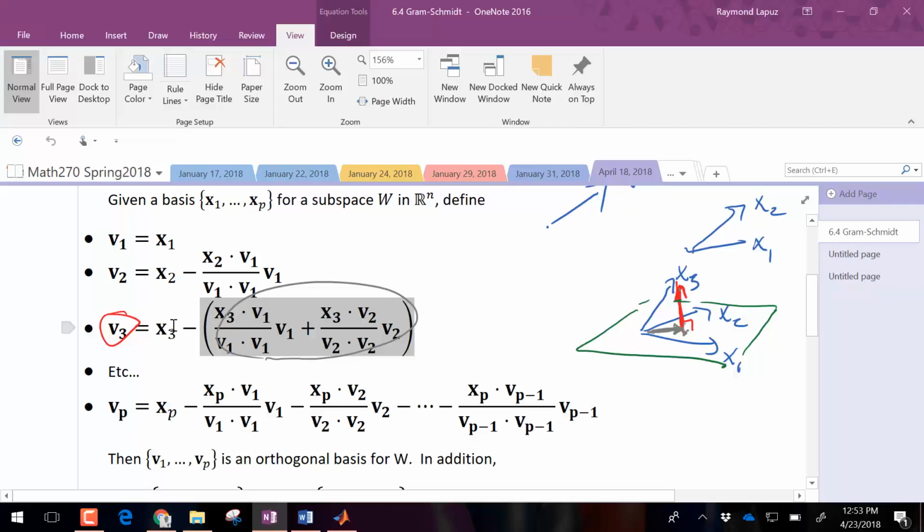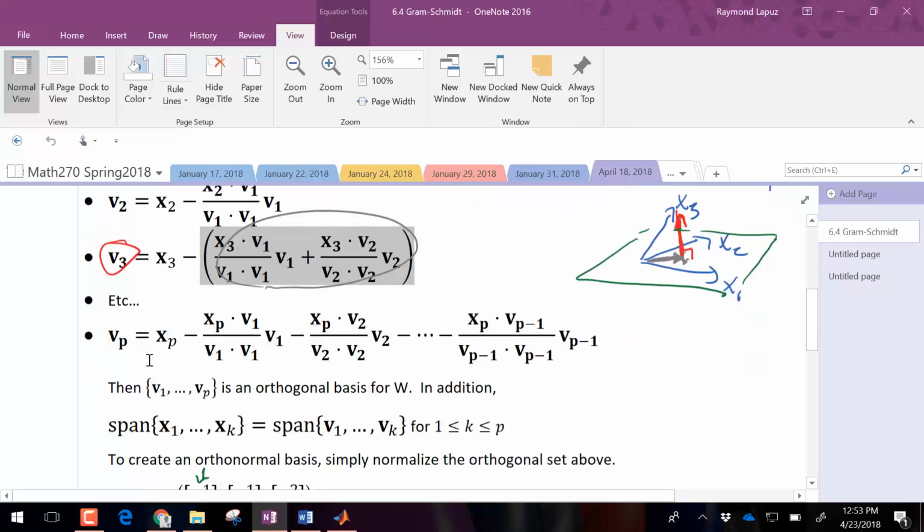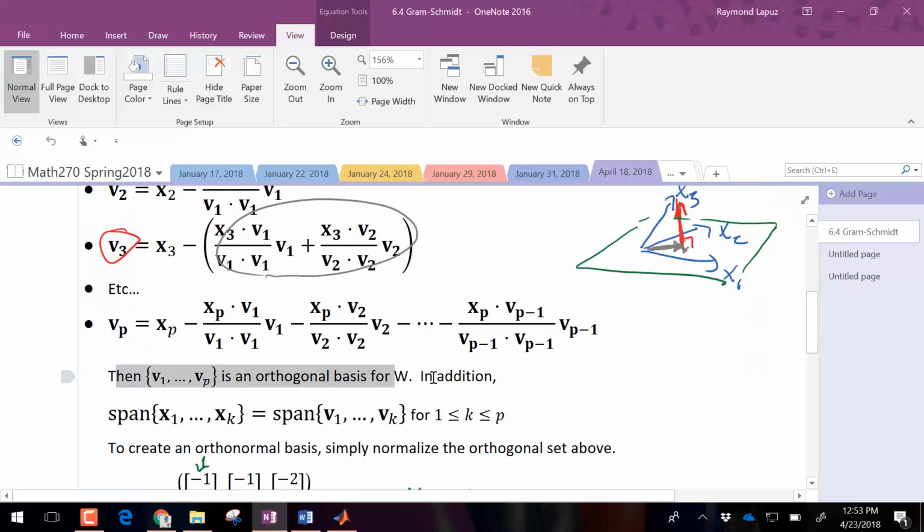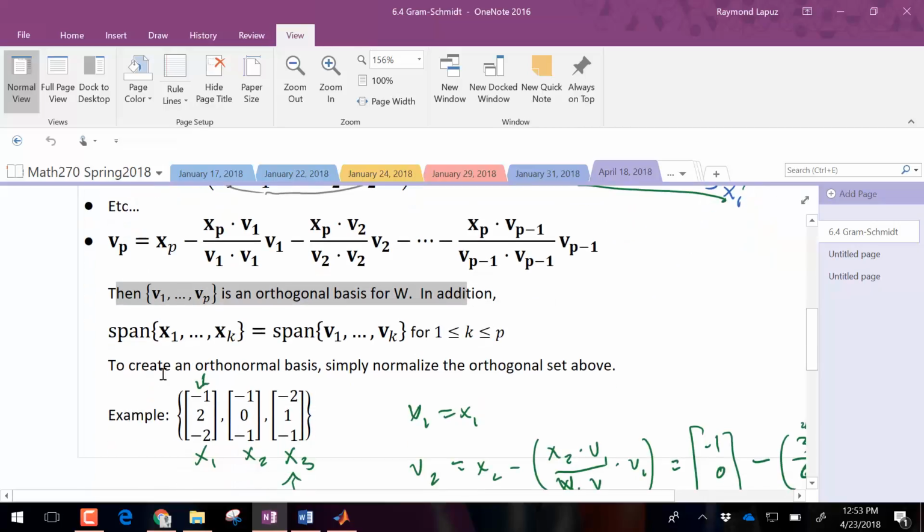And when we subtract it, we get the orthogonal vector. So that's how the Gram-Schmidt process works. After you do that, you have a set of orthogonal bases that span the same space. And then the last step is to normalize all of them so that you have an orthonormal set.